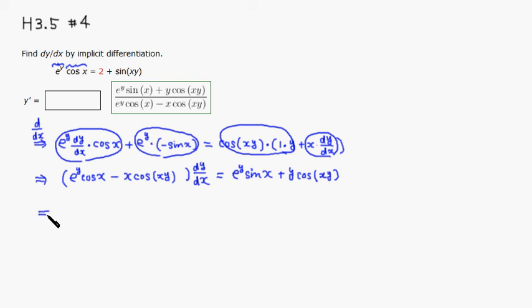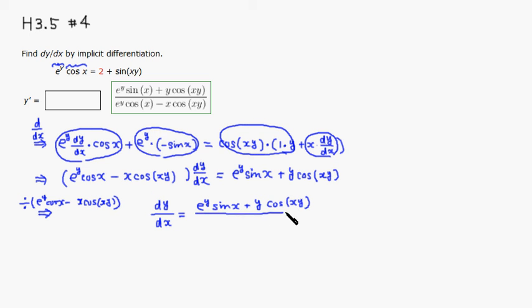All you have to do is divide through by that big quantity, e to the y cosine of x minus x cosine of xy, so that we can isolate dy over dx as e to the y sine of x plus y times cosine of xy, all over e to the y cosine of x minus x cosine of xy.